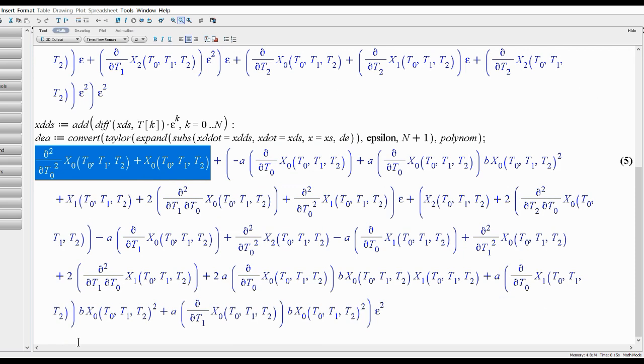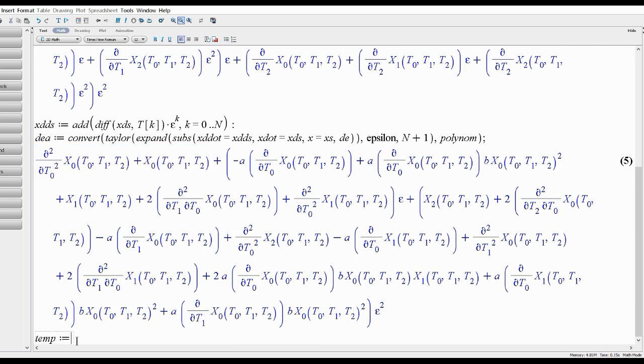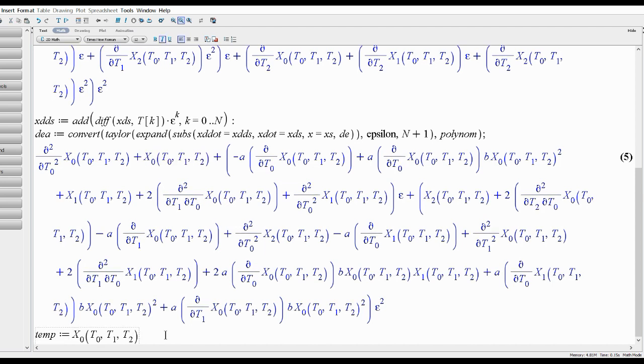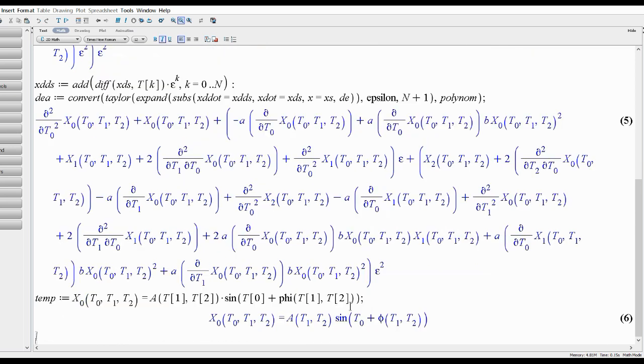And so I will say temp is equal to, and then I will pull this part out, and I will say this is equal to A of T1, T2 times the sine of T0 plus phi of T1, T2, close phi, close sine. Okay, that's my solution. That's the first order solution.